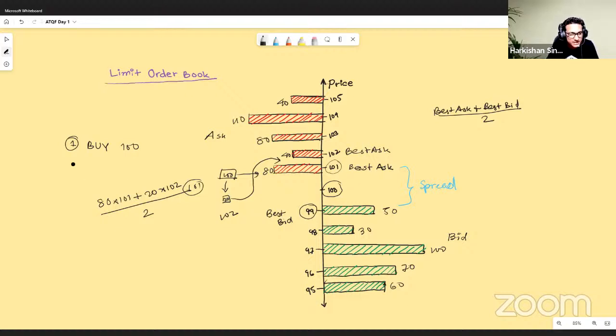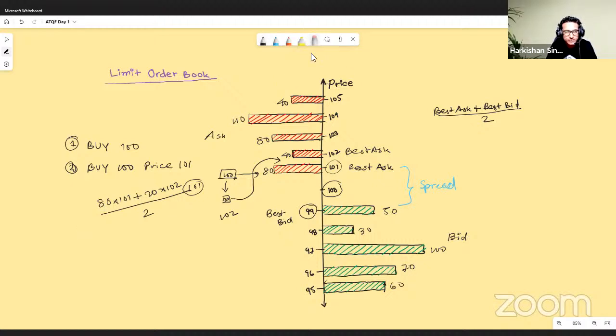But a second person comes and says that I want to buy 100 shares. He also defines a price. The price is 101. So he quotes that he wants to get executed only at the current best ask. Now what will happen?